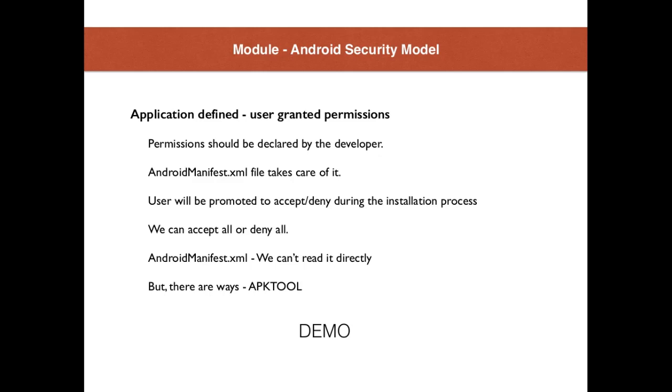It's not just permissions. Any application component that is being used in an application should be registered in the AndroidManifest.xml file. For example, let's say I am developing an application. It has 3 different screens: screen 1, screen 2, screen 3. In Android, technically we call every single screen an activity.